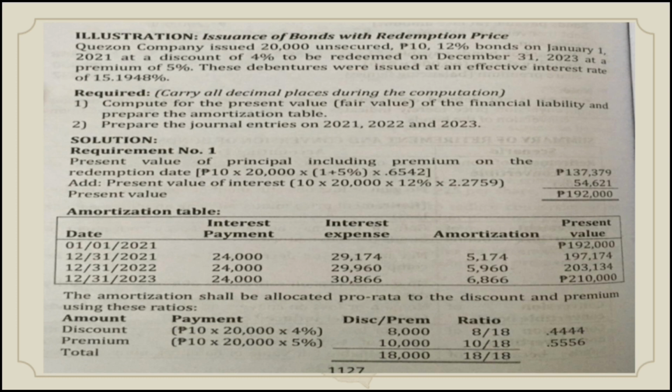We issued 20,000 unsecured bonds on January 1, 2021 at 10 pesos. So 20,000 times 10 pesos is equal to 200,000.